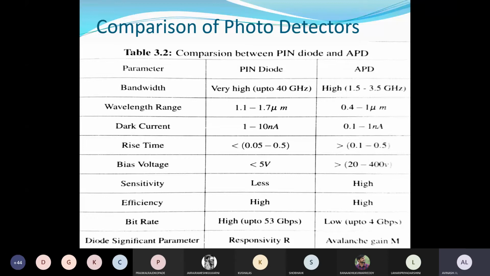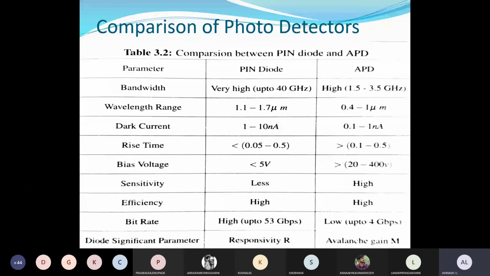Why? Because all our normal batteries, like wall clock batteries and everyday batteries, such as Duracell, are made to work at 5 volts. If you are using less than 5 volts, that is very easy and feasible. But when I am talking about the avalanche photodiode, it is greater than 20 to 400 volts, which is a very huge quantity.